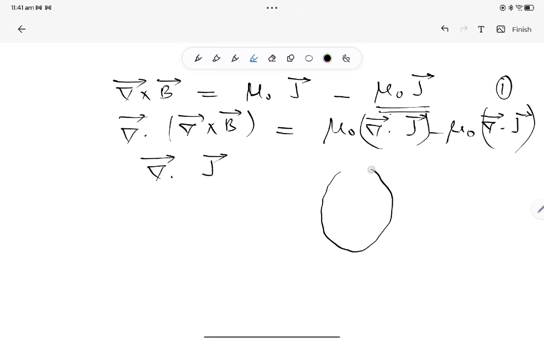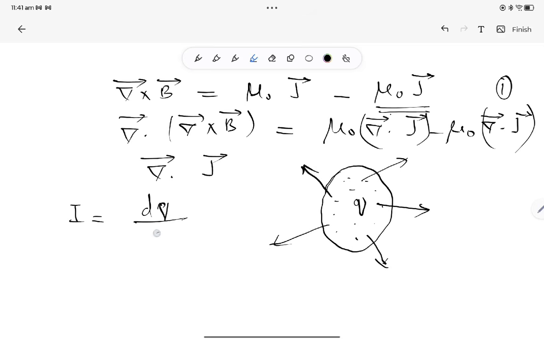You have a surface that encloses a volume, and that volume encloses charge. This electric charge enclosed by this volume, total charge is Q. Now, if this charge is moving through the surface, it constitutes a current. There is current through this surface. This current can be written as dq by dt.